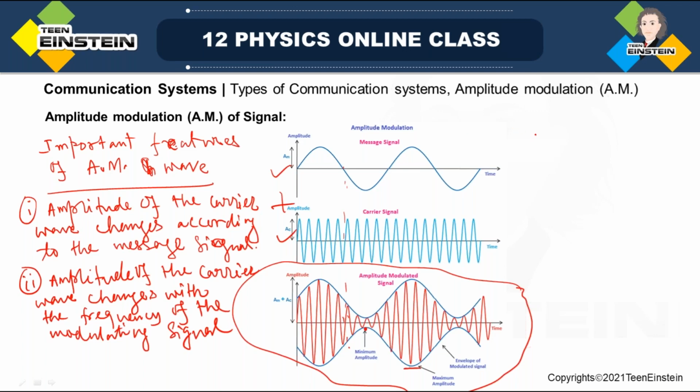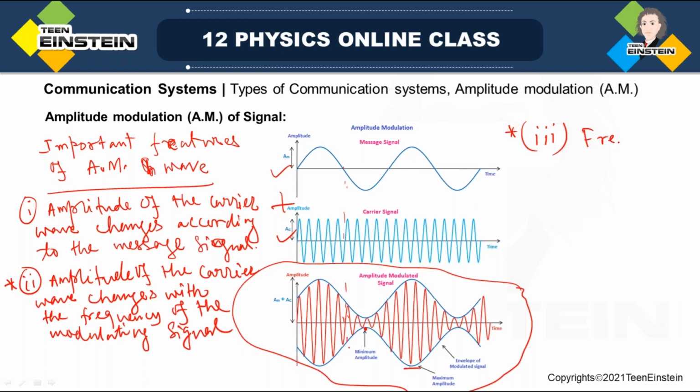And the third feature is that the frequency of the modulated wave is equal to the unmodulated carrier frequency. These are the important points.